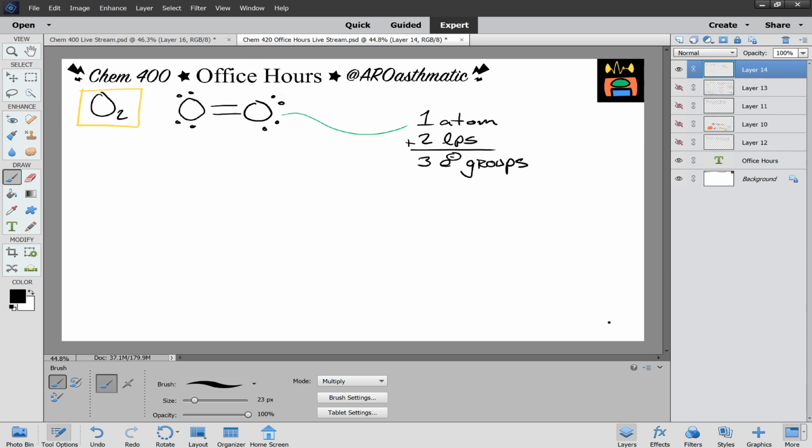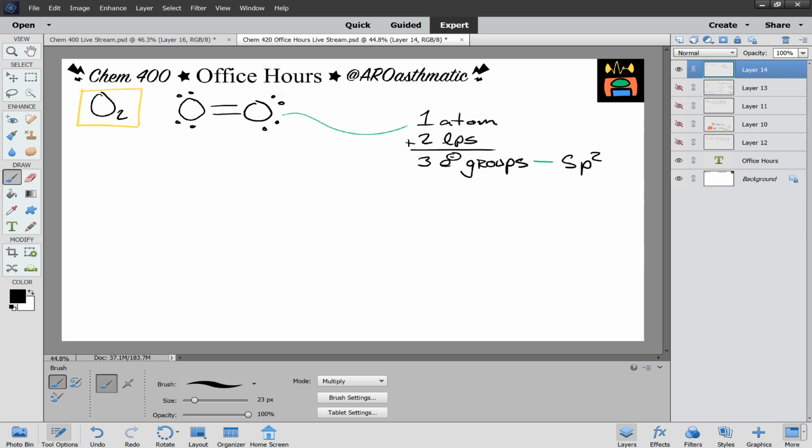And whenever you have 3 electron groups, that means you're dealing with sp2 hybridization. Whenever you have a trigonal planar electronic geometry, then your hybridization is sp2.